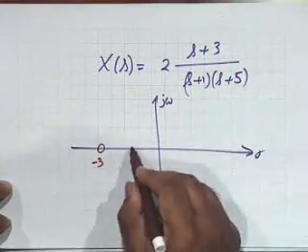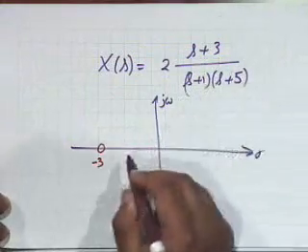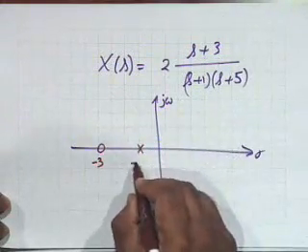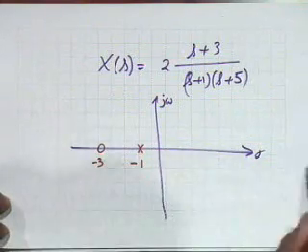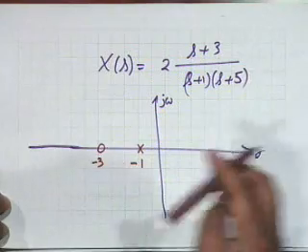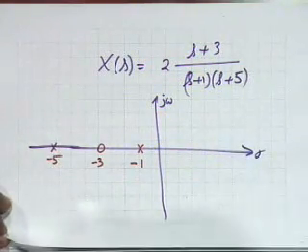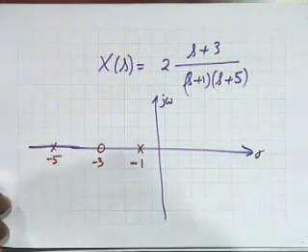We have a pole at s equal to minus 1, and the poles are denoted by crosses. So at s equal to minus 1 there is a pole, and there is also a pole at s equal to minus 5, all right. So we have 2 poles and 1 zero.